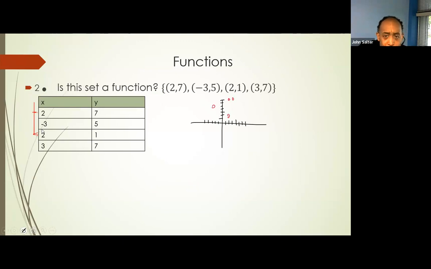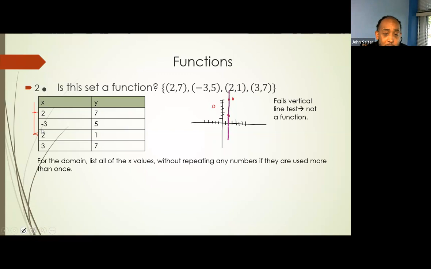When I graph it out, this is what it will look like, more or less. Notice that repeat, I have on the x-axis two separate values. This is what we call a vertical line test. Whenever I have my input value giving me two separate outputs, that means that it is not a function. I cannot occupy the same space more than once.